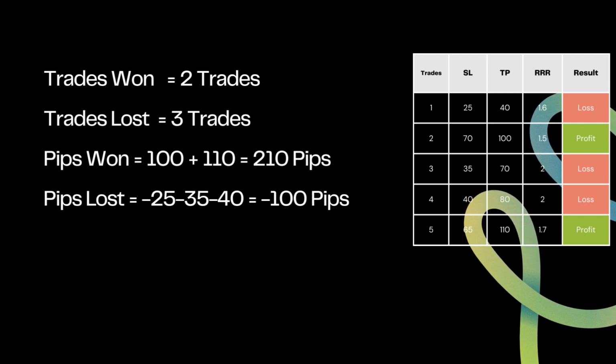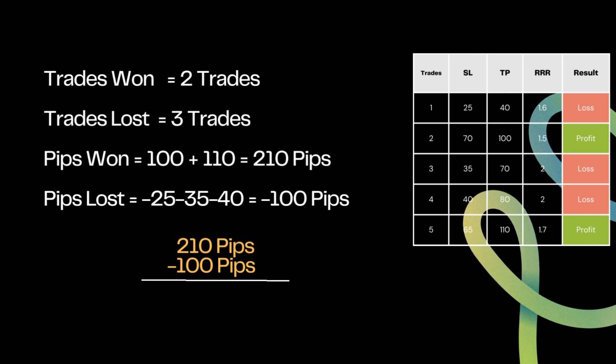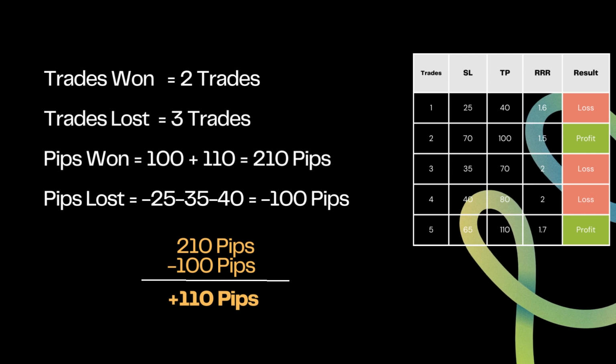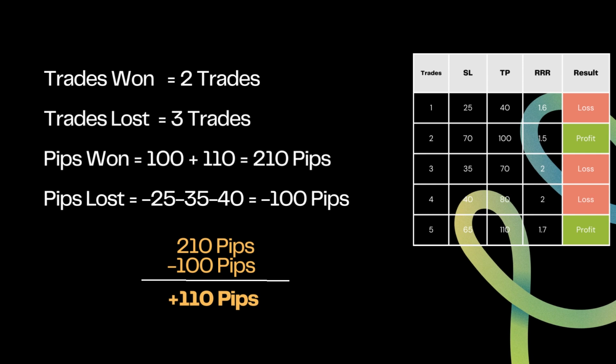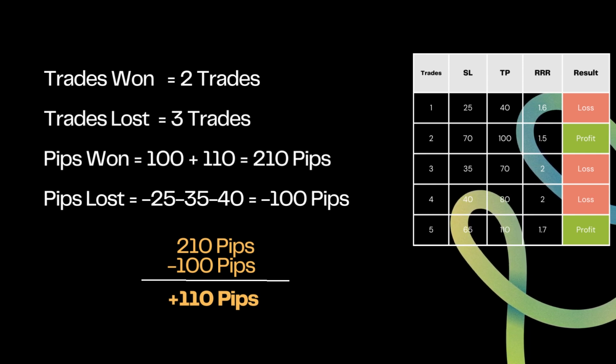So if you tally together, you can see 210 pips won and 100 pips lost. Eventually we ended up with 110 pips in profit. So even though the accuracy of the trades is not that great, we are still in profit in terms of pips, because we have won 110 pips.